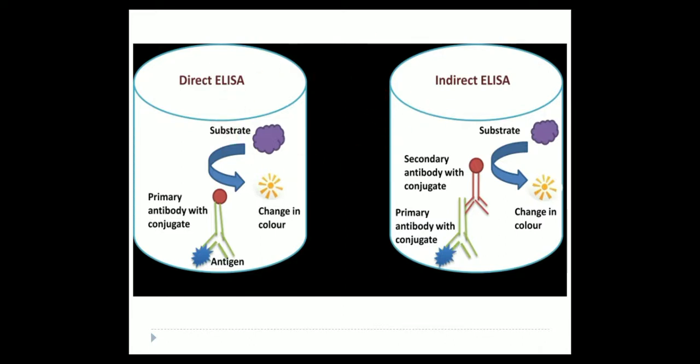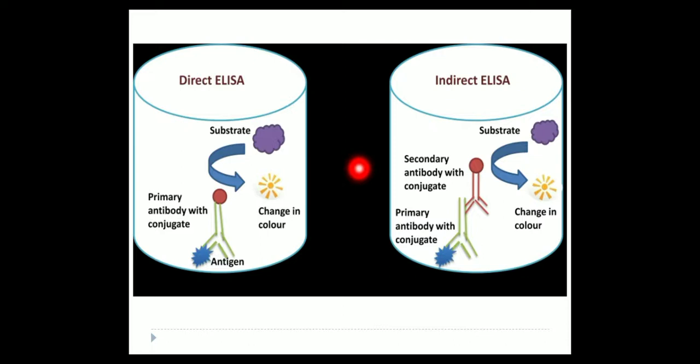Later, at last, the reaction is stopped. For both cases the reaction is stopped, and it is taken into the spectrometer, where the intensity of color change is studied, that is, optical density is studied, and a graph is obtained, and the graph is compared with the standard known graph.